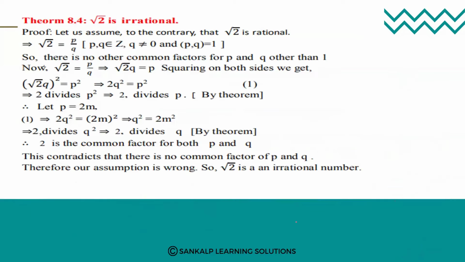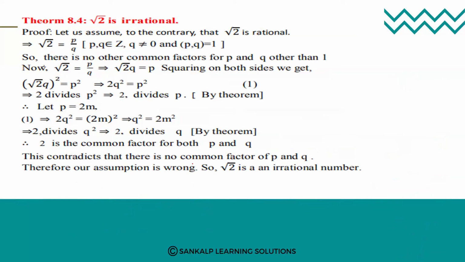Okay, by using this theorem, we will prove root 2 is an irrational number. Yes. How are we going to prove that root 2 is an irrational number? Can you tell me the steps? Already this chapter is over in your school, right? Already you did it.